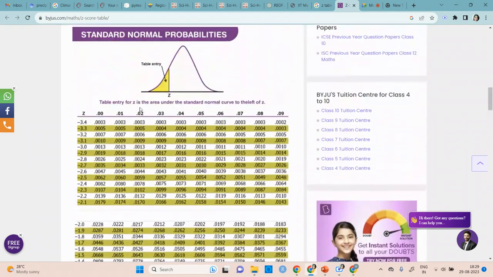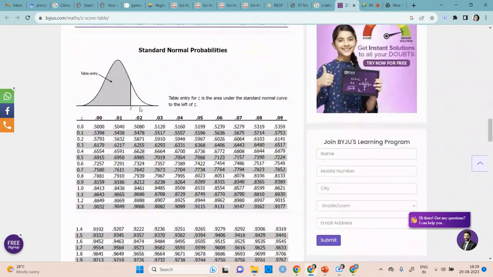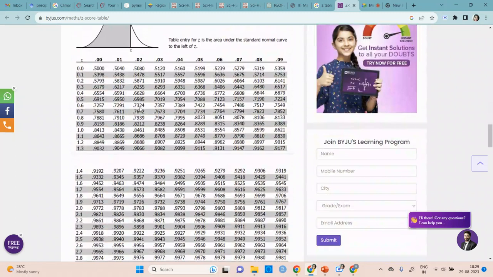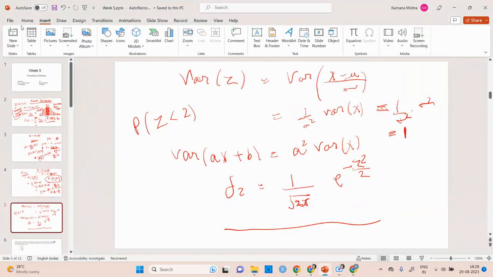So firstly you need to understand how we read this table, okay? How to read this table, and then you will be able to solve the questions which I will tell you for this class.